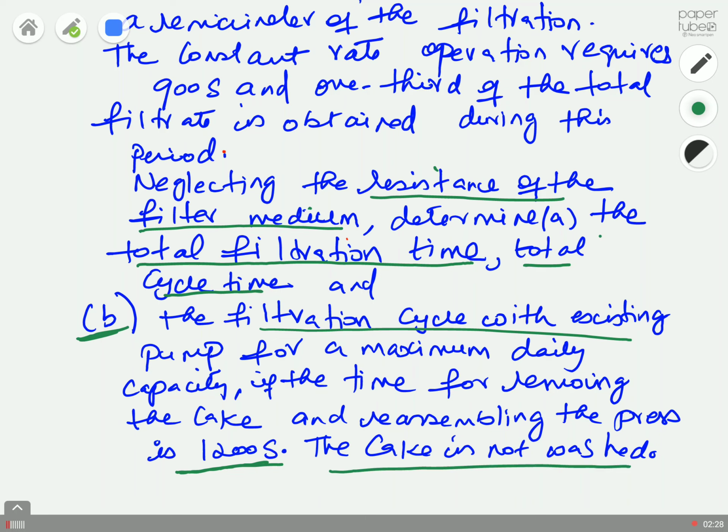If we know the filtration time plus the time required to clean the filtration unit by removing the cake and reassembling the press, that should give the cycle time. That's something we need to calculate.